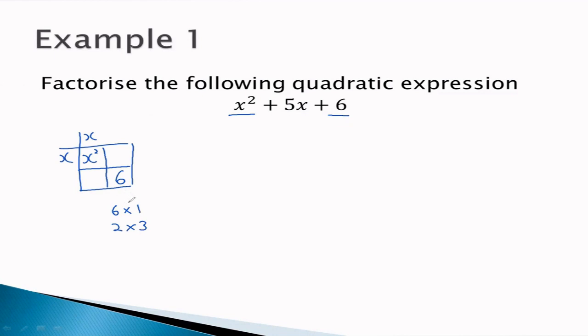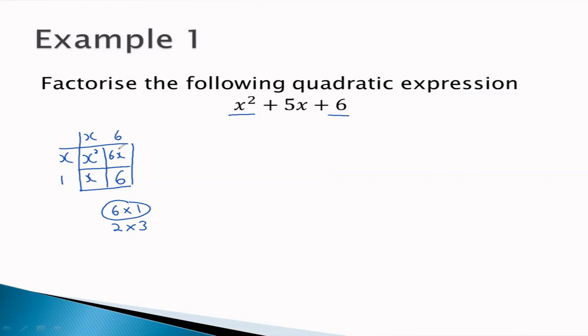It is by trial and error that I'll use to find my answer. So if I use 6 times 1, I put a positive 6 here and I put a 1 here. Now, how do I get the answer here? Is taking 6 times x, because x times x gives you x squared. 6 times x should give me 6x. Okay, and x times 1 will give me x.